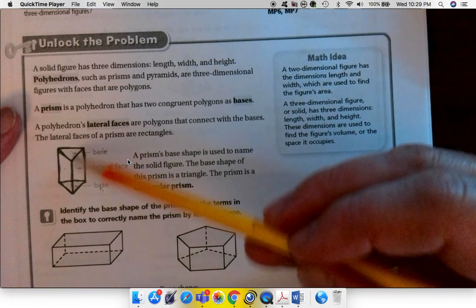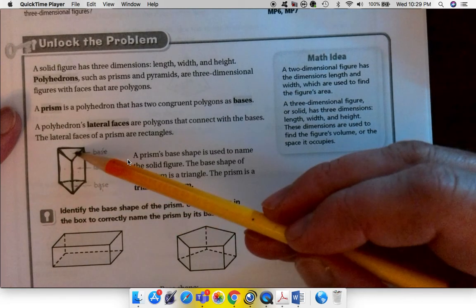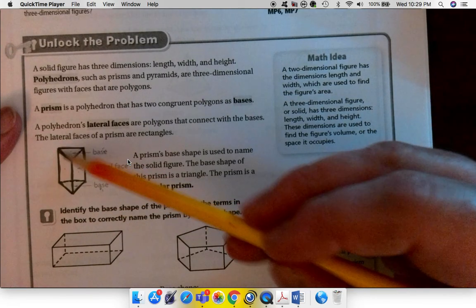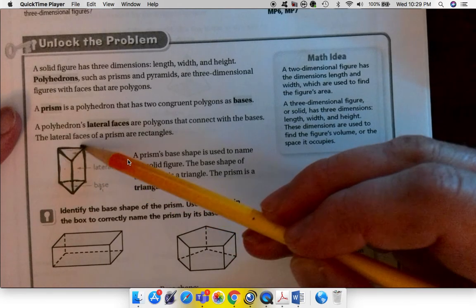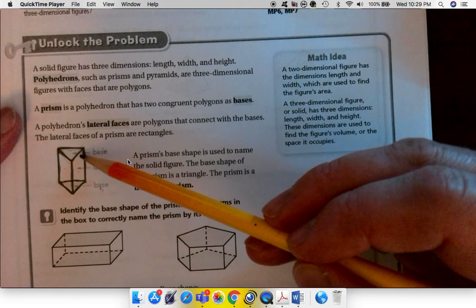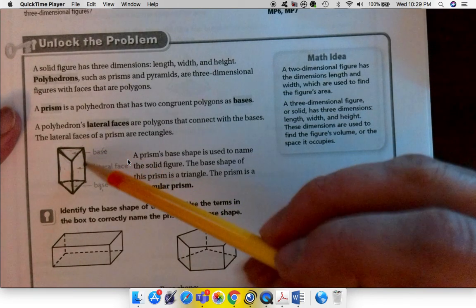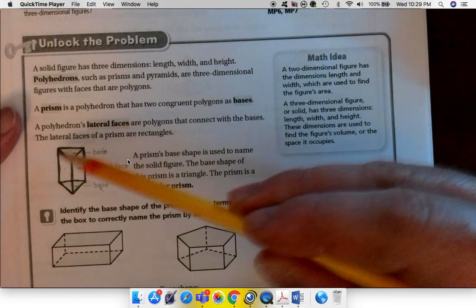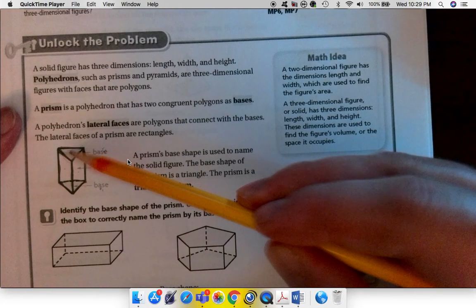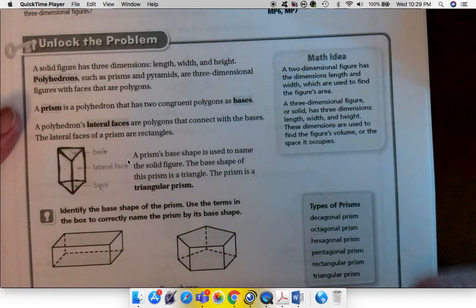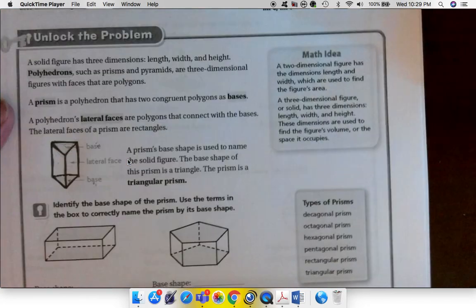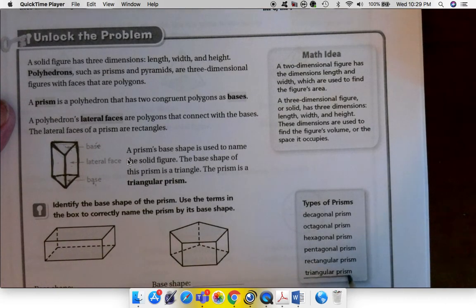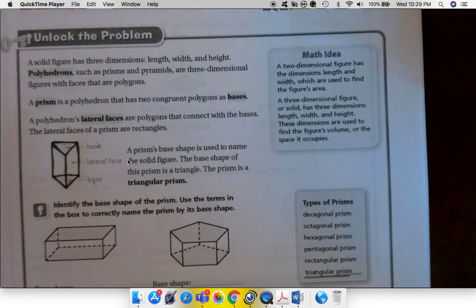So, we name our prism by the polygon that's not a rectangle. So, in this case, I have all rectangles for my lateral faces. My top is a triangle, my bottom is a triangle. Therefore, it is a triangular prism.